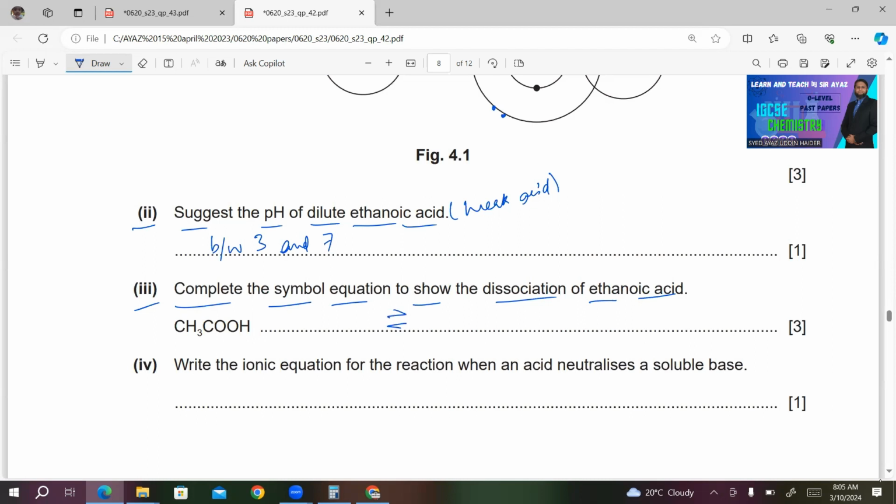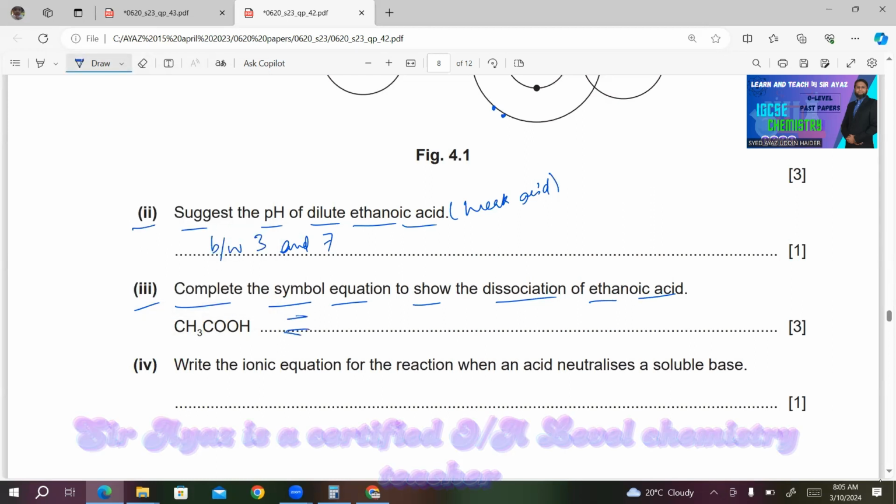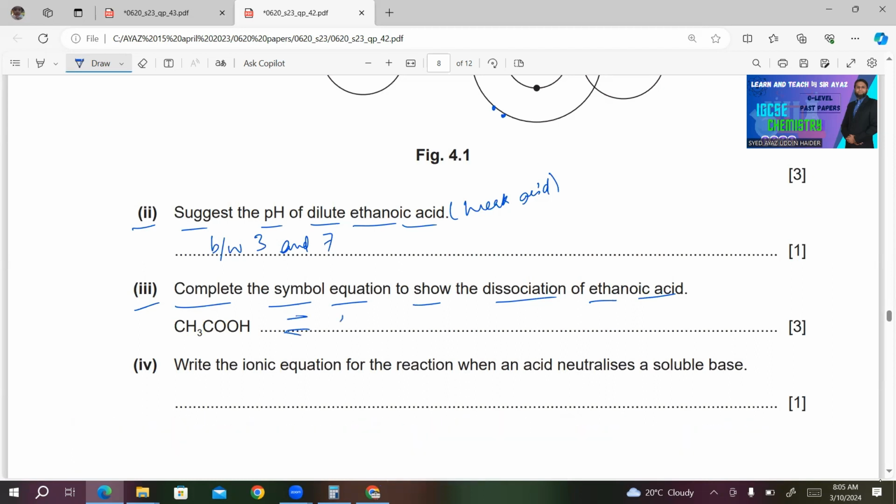This is the formula of ethanoic acid. This is the sign for dissociation, and it will dissociate incompletely, forming CH3COO negative ion plus H positive ion.